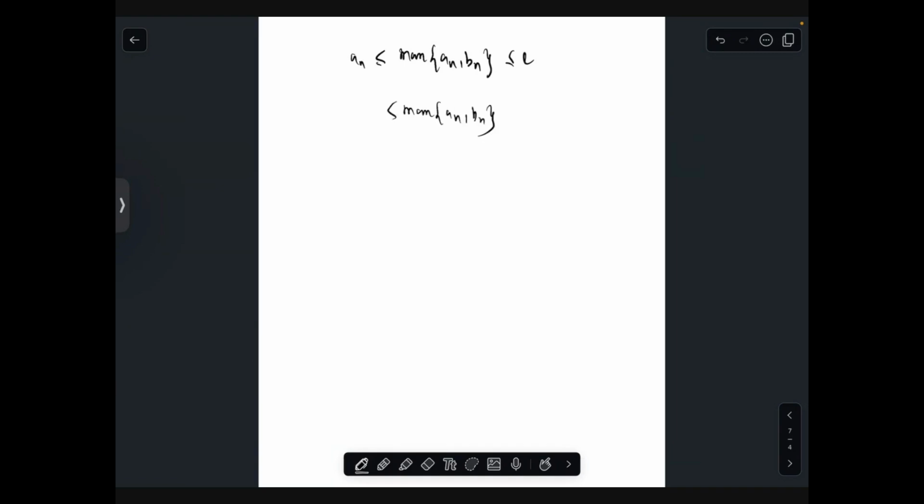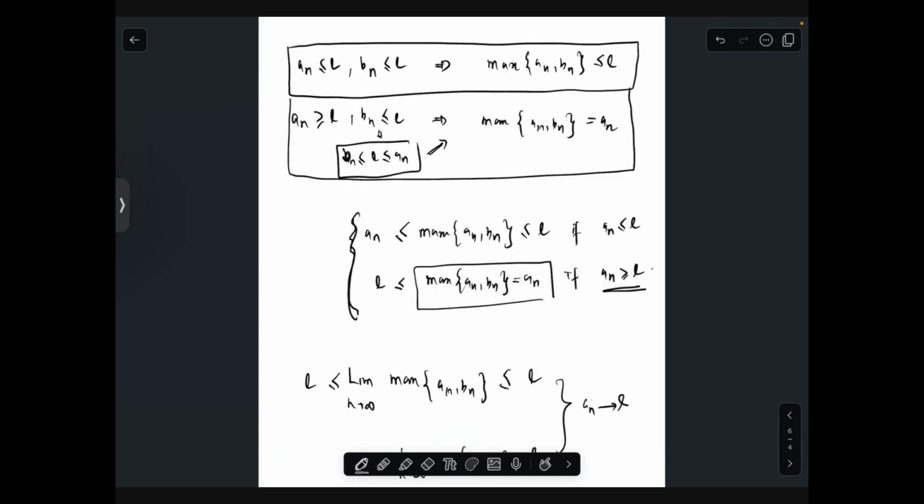So let's see if we can mix both of these inequalities into a single inequality. And we know that the max of an, bn, when it's greater than or equal to L, is equal to an, like this. So can we include this in both of the inequalities? So the goal is, can we include both of these into a single inequality?